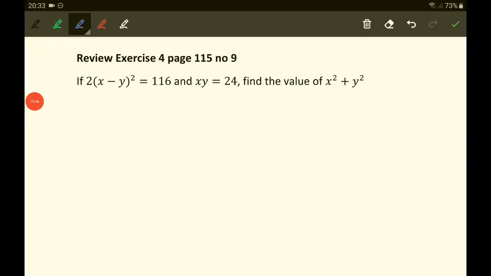That's it. Okay, now we are in question number 6. Review exercise 4, page 115, number 9.